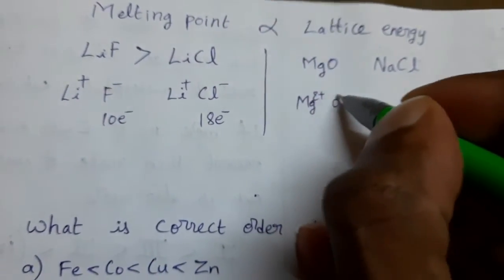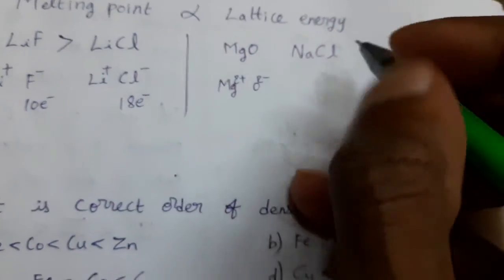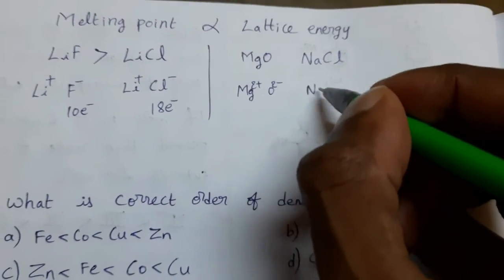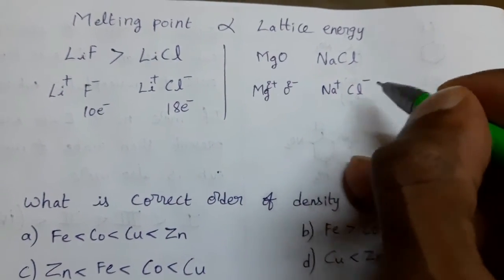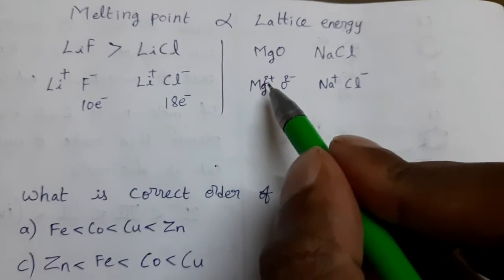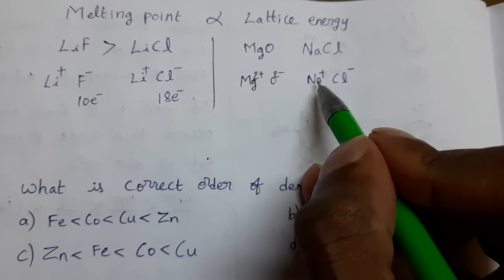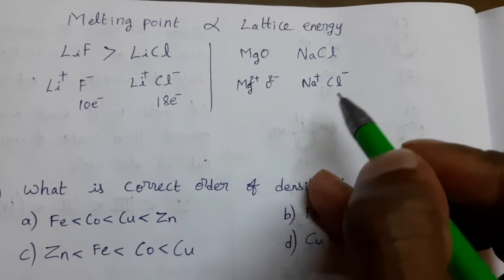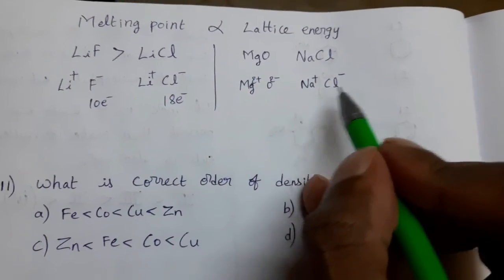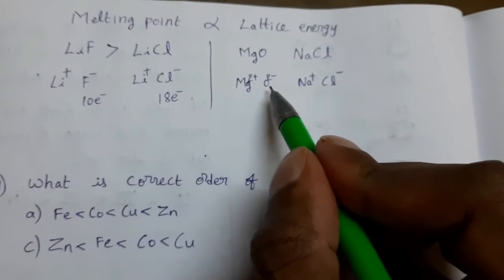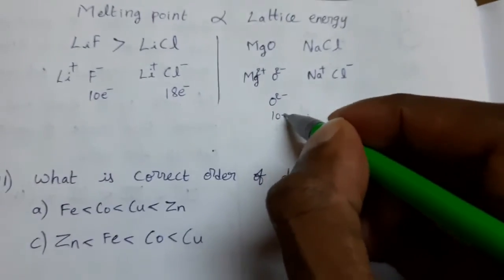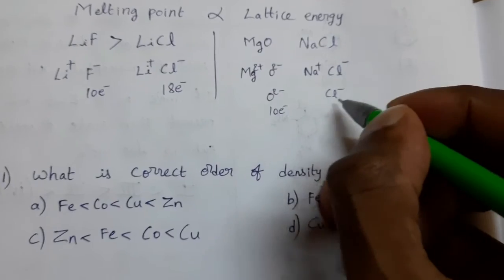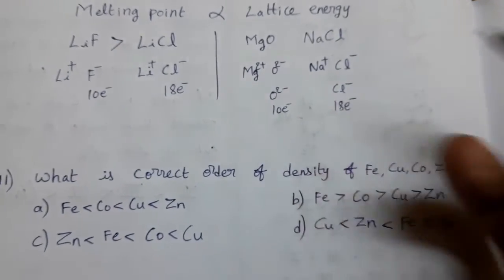Mg2 plus, O2 minus, and sodium Na plus, chloride Cl minus. 2 units positive charge, 2 units negative, 1 unit positive charge, 1 unit negative charge. Now in this also, oxygen O2 minus, how many electrons? 10 electrons. Cl minus, 18 electrons.